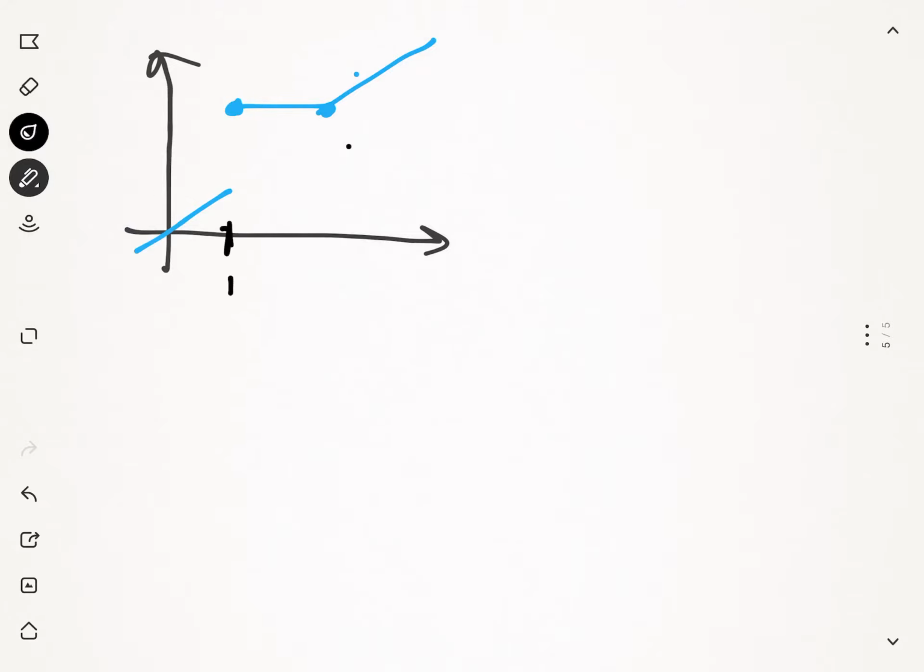So this is 1, 2, 3. This is 1, 2, 3. And it ends at 5. Now, I can write this function.